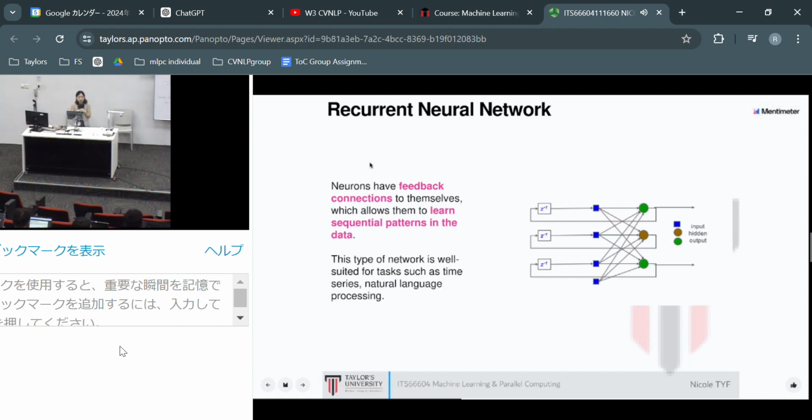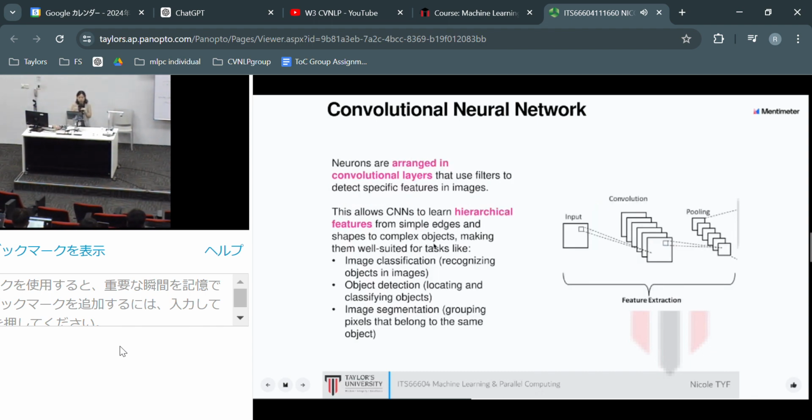Another type of neural network is the convolutional neural network. The neurons are arranged in convolutional layers themselves. This type of neural network uses filters to detect specific features, and they are widely used in computer vision tasks, especially for image classification, detection, as well as segmentation. One of the functions of this convolution neural network is its ability to capture spatial data.